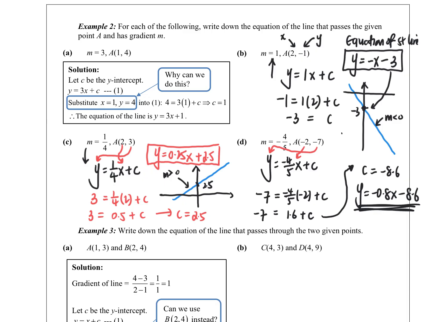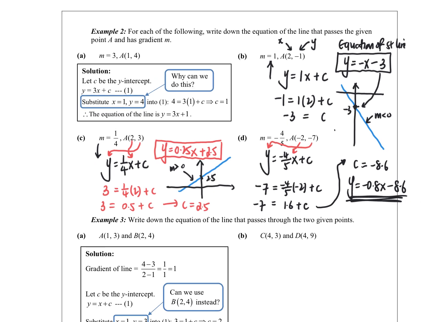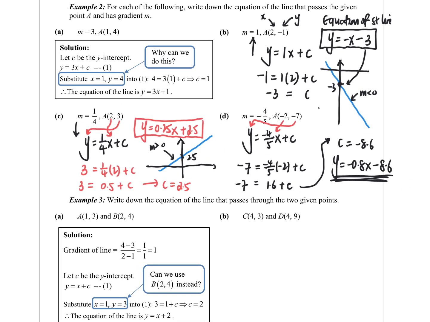You are given the gradient, then you need to go and find the y-intercept, and then eventually find the equation. So this one, if you want to know how it looks like, is going downward. Okay, and then you need to cut the y-axis at negative 8.6. Negative gradient. Okay, something like this.